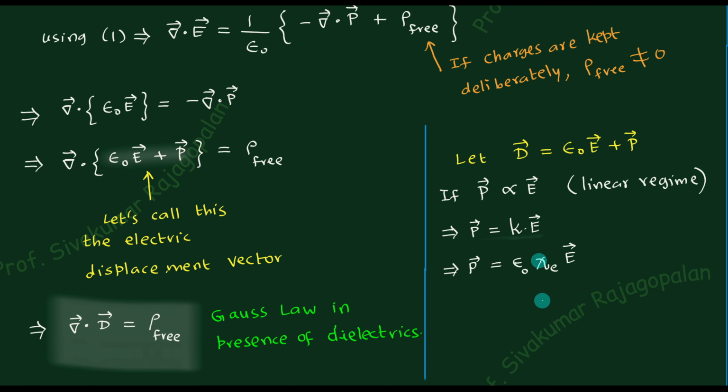Then other than epsilon 0, what is coming is exclusively due to the dielectric medium. That is how you understand this rewriting of the constant. And since epsilon 0 takes care of all the dimensions, chi e will not have any dimension. So this chi e is actually a dimensionless number.